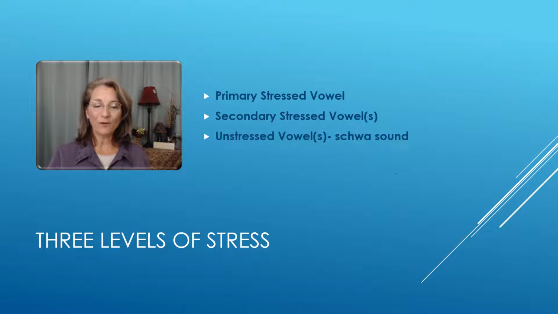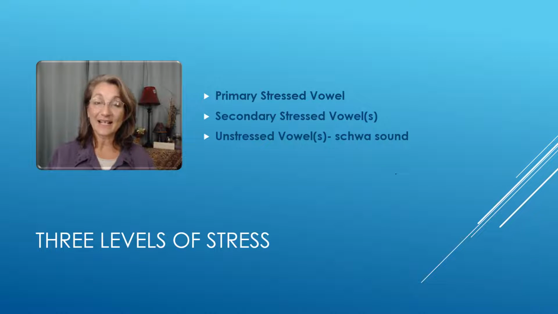So a vowel will have one of three levels of stress. It's either the primary stressed vowel, so if a word has one syllable, of course, it's primary stressed. But if it has more than one syllable, you're going to have one primary stressed and then another level of stress for the other syllable or syllables.